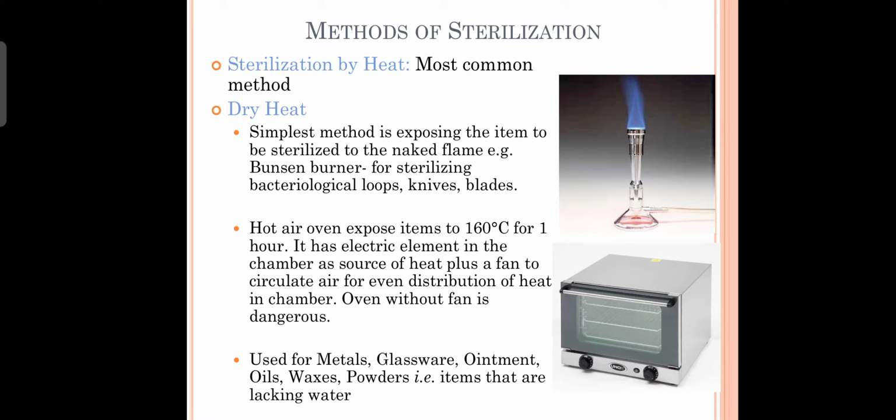If there is no fan, it may be dangerous. We will set 160 degrees centigrade for 1 hour. The next point is the uses: what types of things can we use in the oven? Metal items, glassware, ornaments, oil, waxes, powders, and items that are lacking water. These items, lacking water, we can use in the hot air oven.